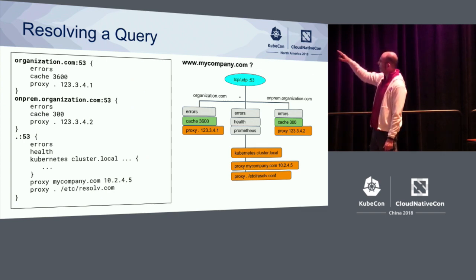I try another one. mycompany.com. So at the top level, it does not match organization, does not match on-prem organization, but it matches the dot. Dot means everything. So that will go by the middle branch, go down. Kubernetes cluster.local, it does not match the cluster.local, will go to the next resolver, proxy mycompany. Oh yes, it matched, so it will be resolved by this proxy.